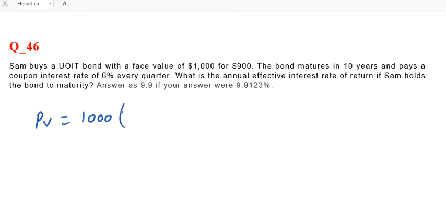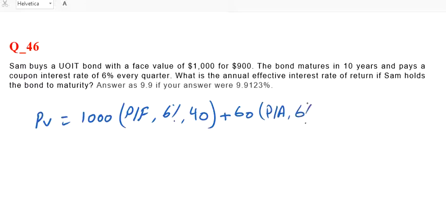So 1,000 P given F at 6%, for 40 periods, since it's 10 years and it happens every quarter, so it's 40, plus 16 P given A, 6%, 40, minus the original price, 900. That gives us 999.96.